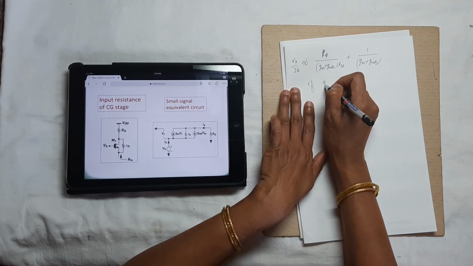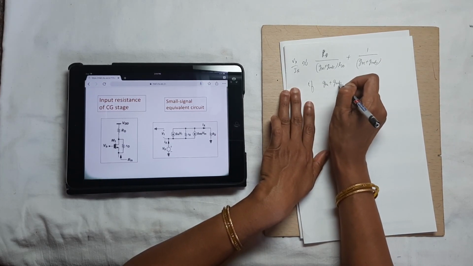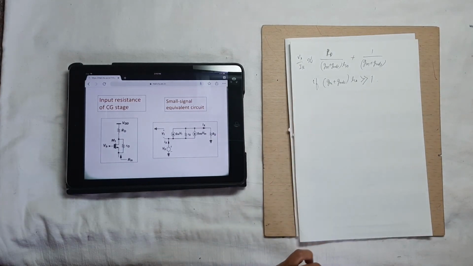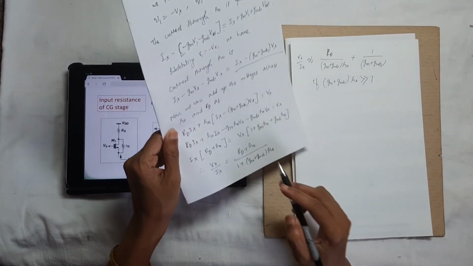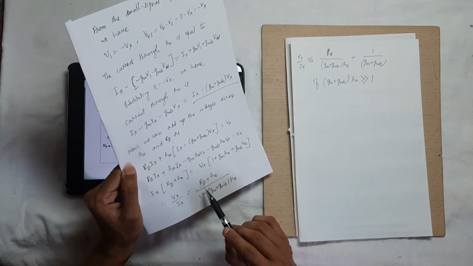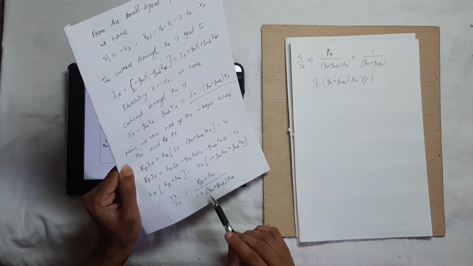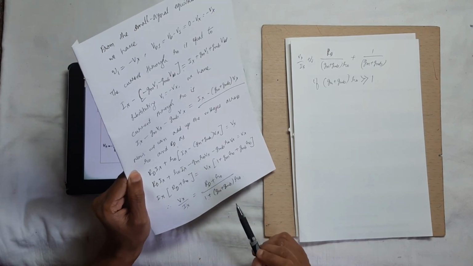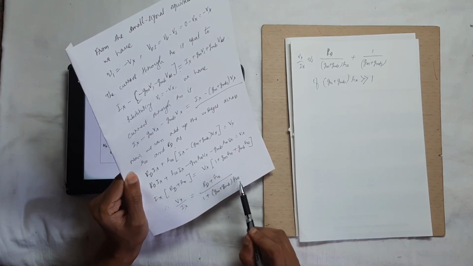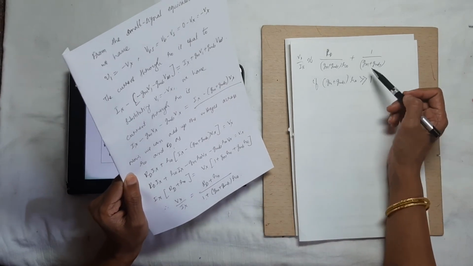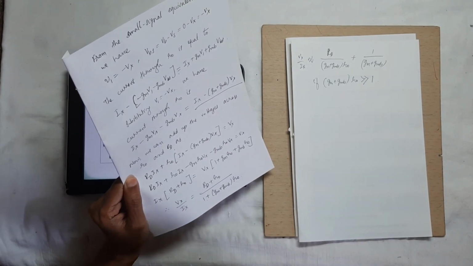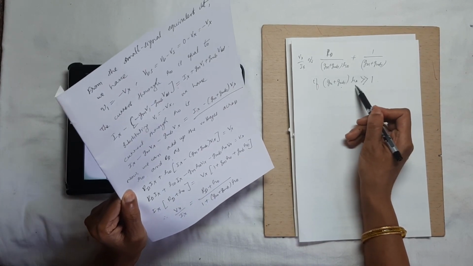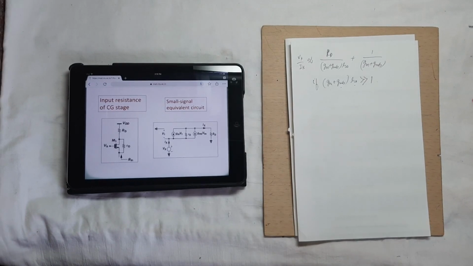This holds if (gm + gmb)RO is very much greater than 1. See what we have done here: RD + RO divided by 1 + (gm + gmb)RO is split up into two parts, RD divided by this plus 1 divided by (gm + gmb), under the condition that (gm + gmb)RO is very much greater than 1.